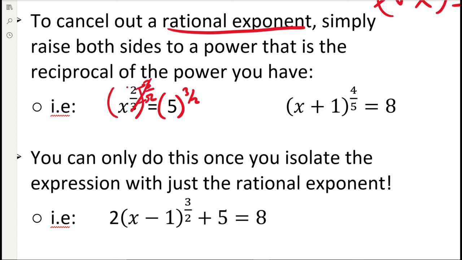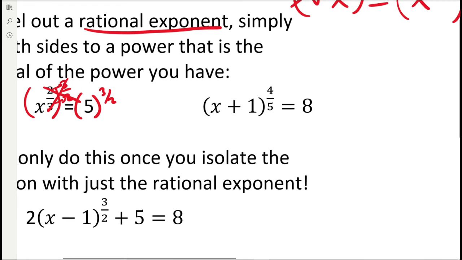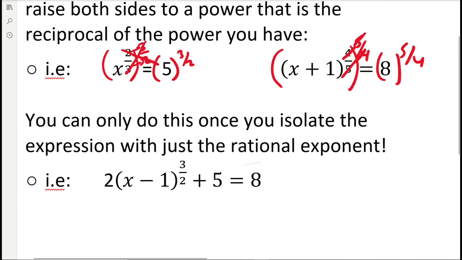So basically these cancel out, leaving you with 1. So that's how you cancel out a rational exponent. Now in this other example, I can raise both sides to the 5 over 4 power, the flip of that, and so the 5's cancel, the 4's cancel, and everything cancels for the exponent on the left. So that's how I go about canceling out rational exponents.